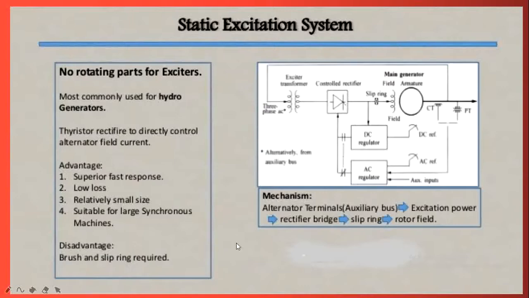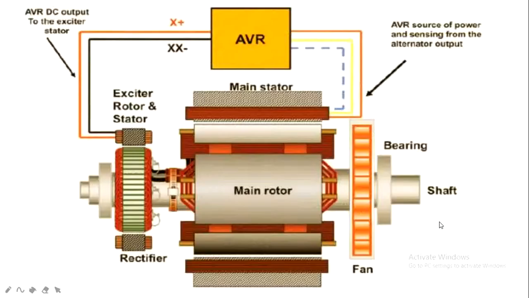Disadvantages are that brushes and slip rings are required. This is the mechanism by which the static excitation system works step by step: alternator terminals, auxiliary bus for the excitation power, rectifier bridge, slip ring to the rotor field.